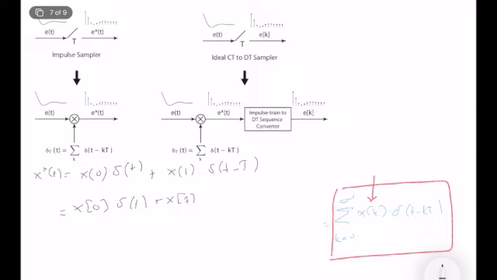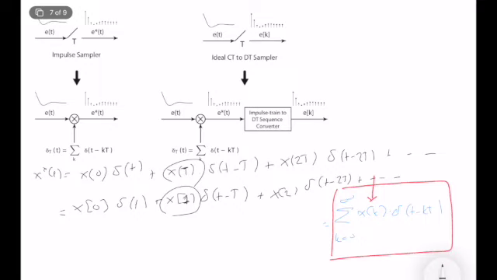This is not 1, this is capital T, sorry for that. Plus, when k is equal to 2, x[2] delta(t minus 2T), and it goes like this until infinity. So if you open it, you can see the similarities between discrete time and continuous time. So we know x star of t.